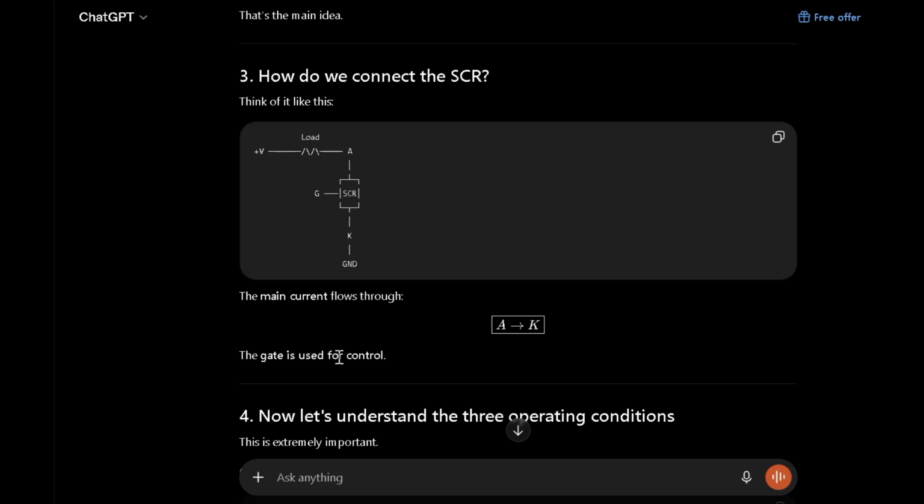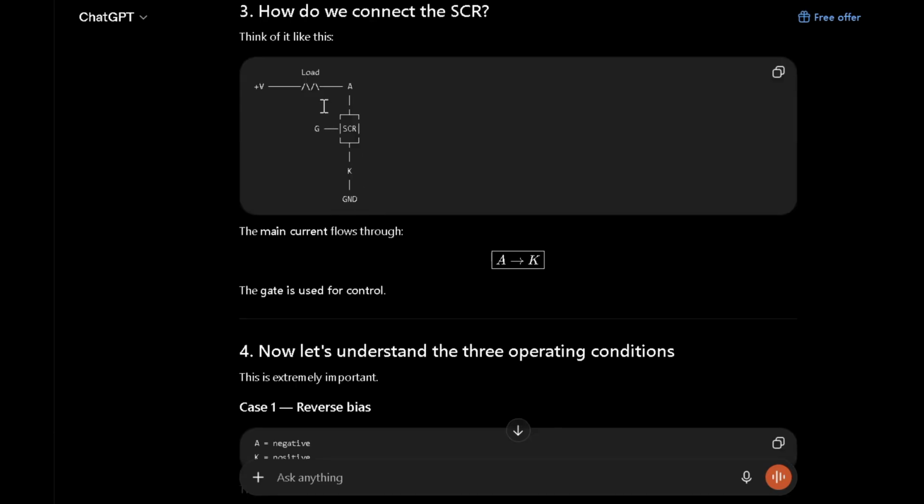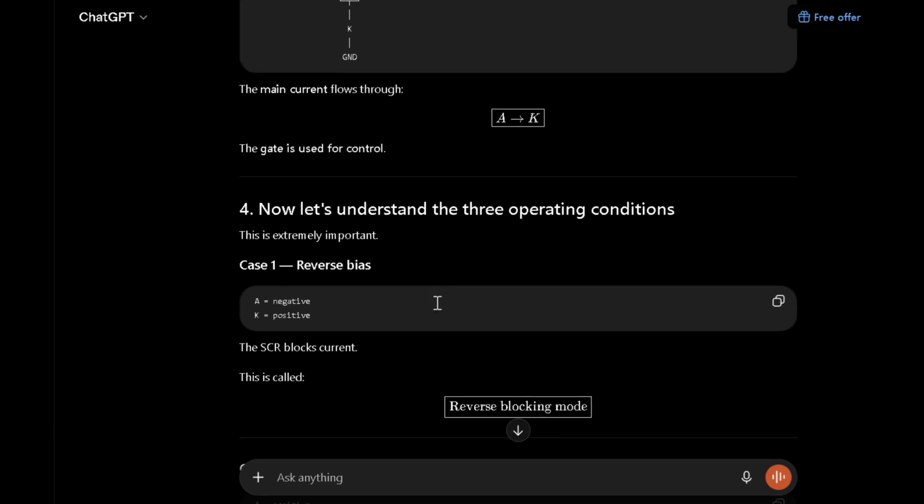Now let's understand the three operating conditions. This is actually important. Case one is reverse bias. The anode is negative and the cathode is positive.